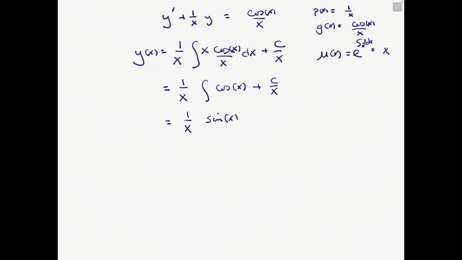And that is 1 on x sine of x plus c on x. And again, we got to look at what happens with y as x goes to 0. We'll plot out the curves, because it's a family of curves.